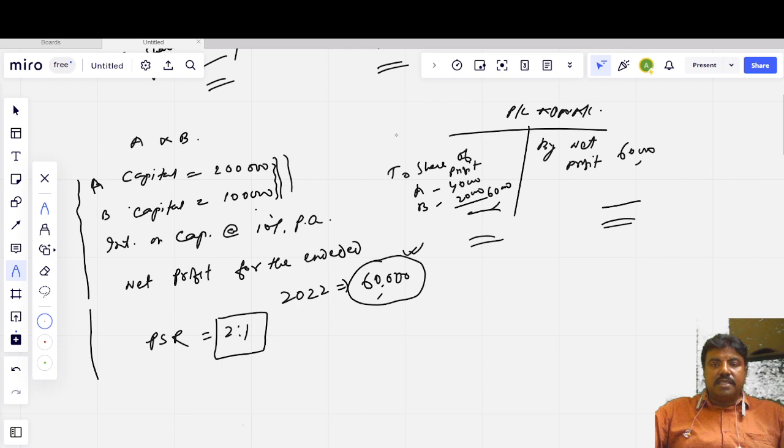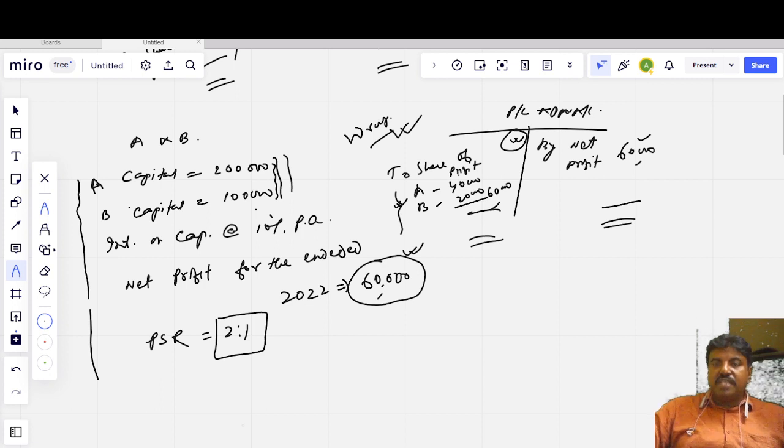Now the question is, is this the correct distribution? The answer is no, this is the wrong distribution. Before providing share of profit, interest on capital should have been debited from this net profit. And after subtracting interest on capital, the remaining profit would have been shared by the partners as per their profit sharing ratio, but they did not do so.